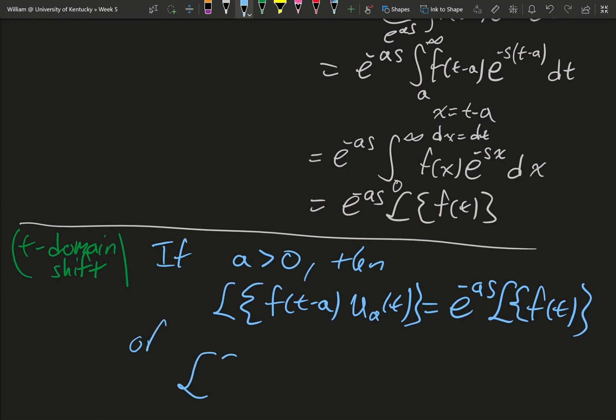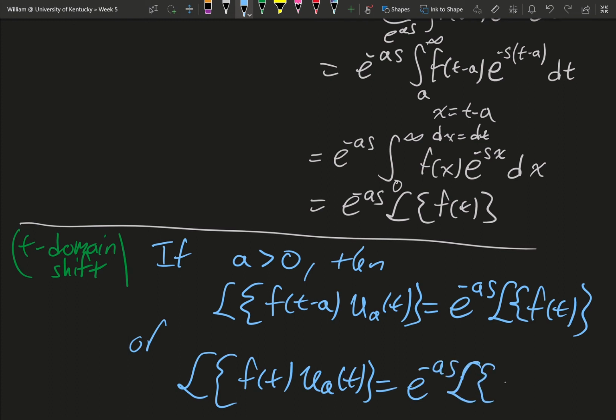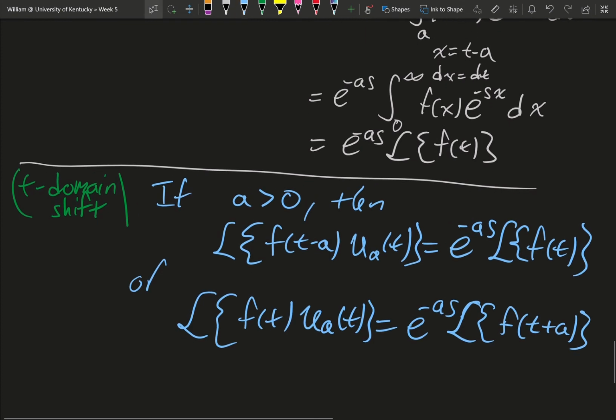I can state this differently. If I'm taking the Laplace transform of just this unshifted version of f, then I multiply by e to the negative as, and I take the Laplace transform of f shifted in the opposite direction.